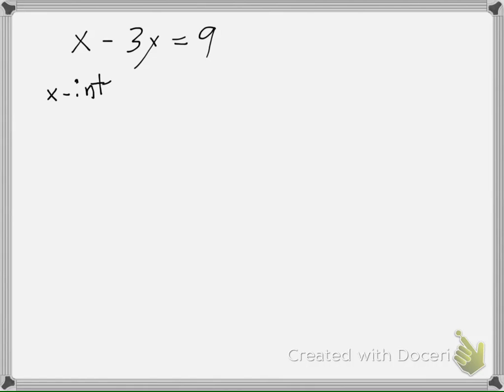So if y equals 0, that means this goes away, right? So then that leaves x equals 9, right? So my x-intercept is 9, 0.